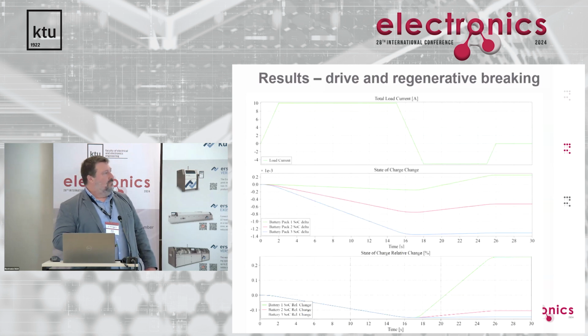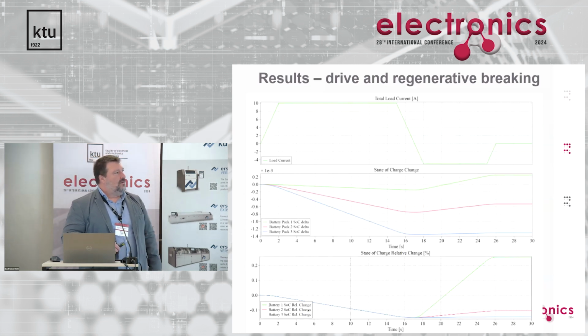So first, we carried out the test drive and regenerative braking. So we have a current of load, 10 amps, and then ramp up to -5 amps, and then to 0.